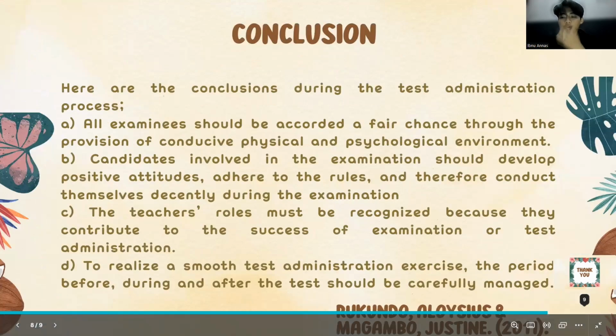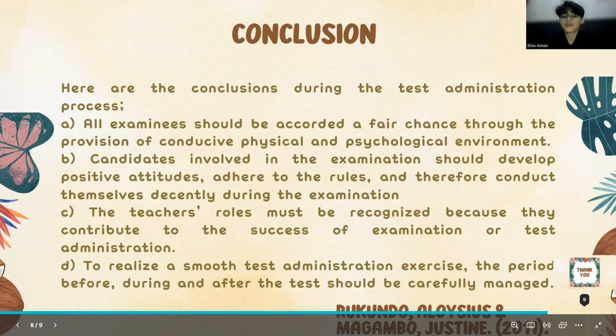So we go to the conclusion. Here are my conclusions from this material. Number one, all examinees should be accorded a fair chance through the provision of a conducive physical and psychological environment.